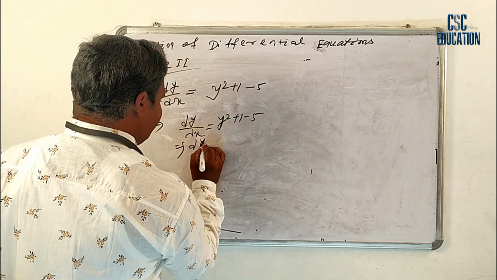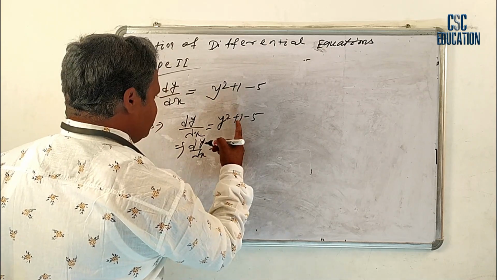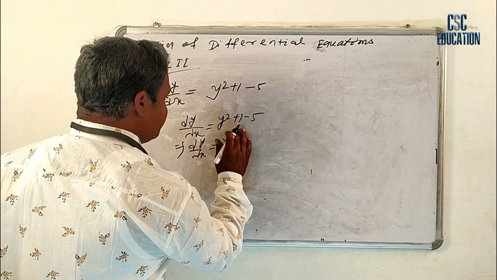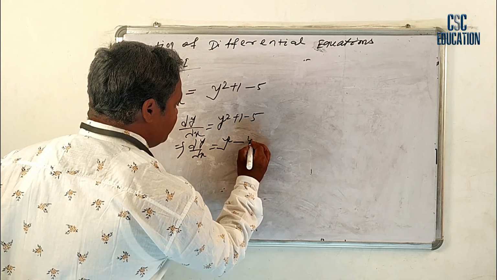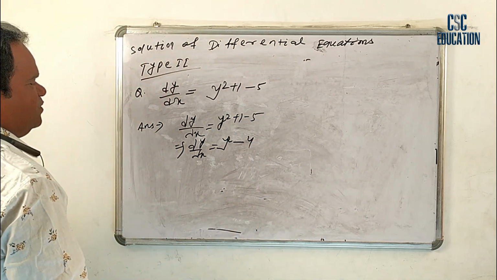Firstly, convert the equation: dy by dx equals y square plus 1 minus 5. Here 1 minus 5 means the value is minus 4. Okay, alright.